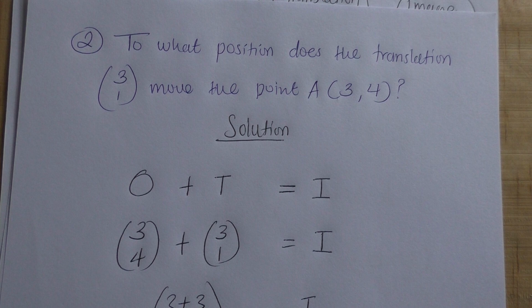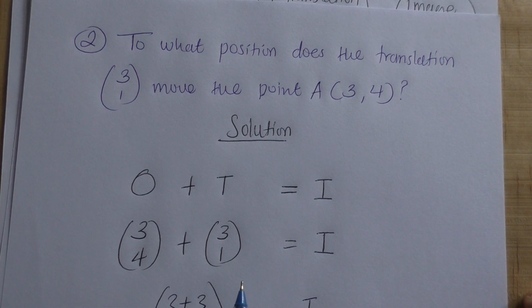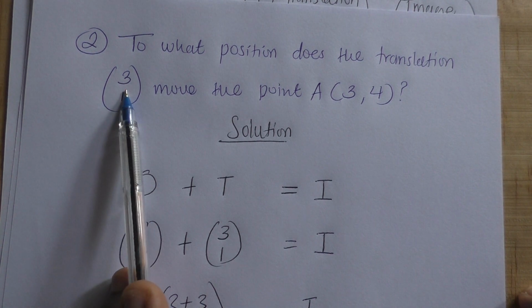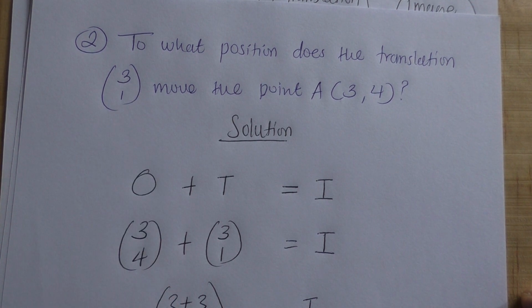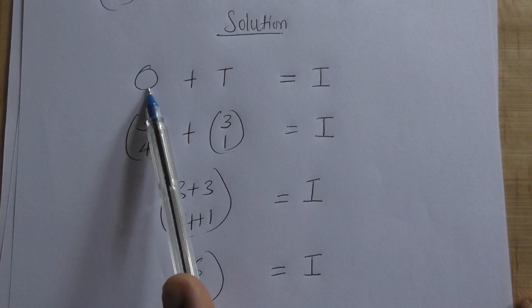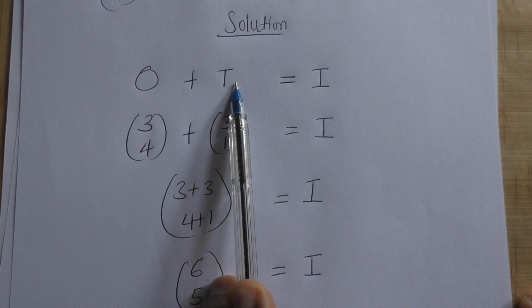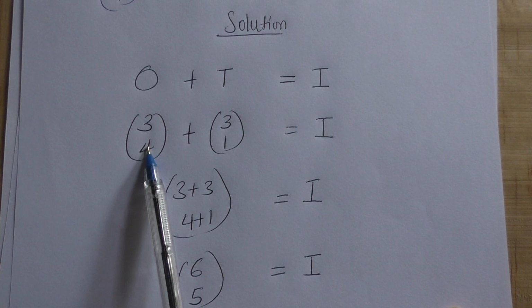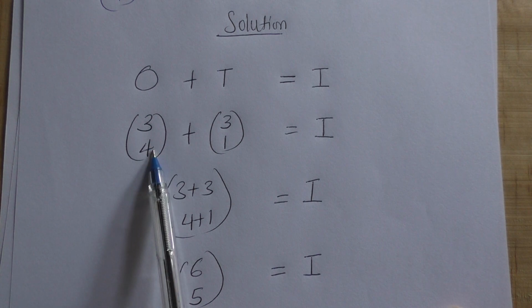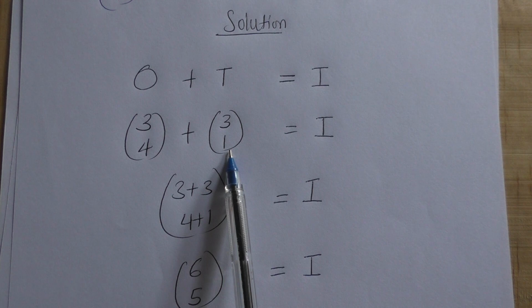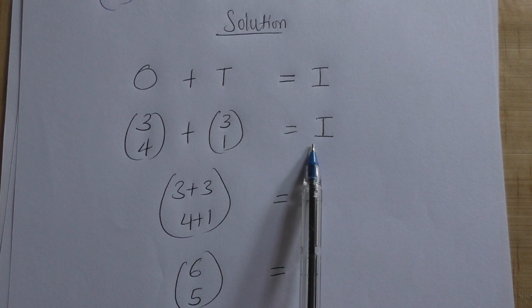In other words, we are moving point A to the image under the translation vector 3, 1. So we shall have our formula, which says object plus translation gives us image. Hence, the object vector is 3, 4 plus the translation 3, 1, which will give us the image.